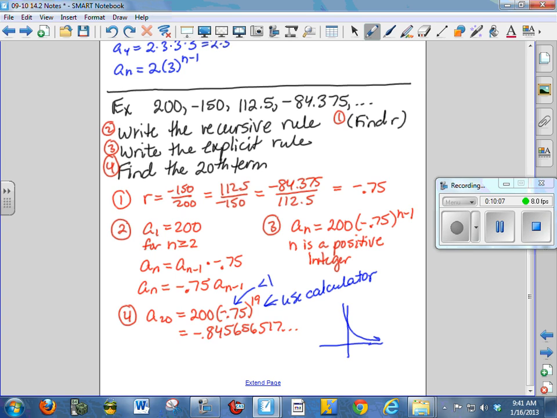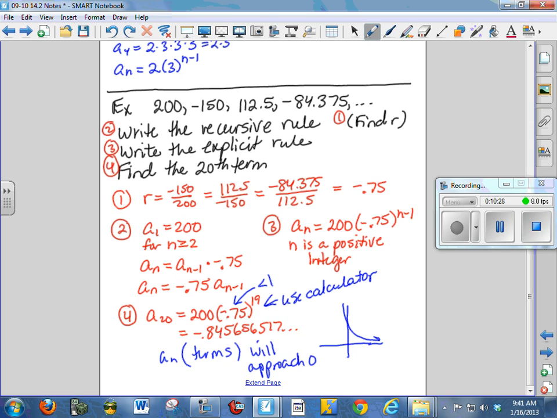And so the more terms we add, the closer the terms a sub n will get to 0, the terms will approach 0.